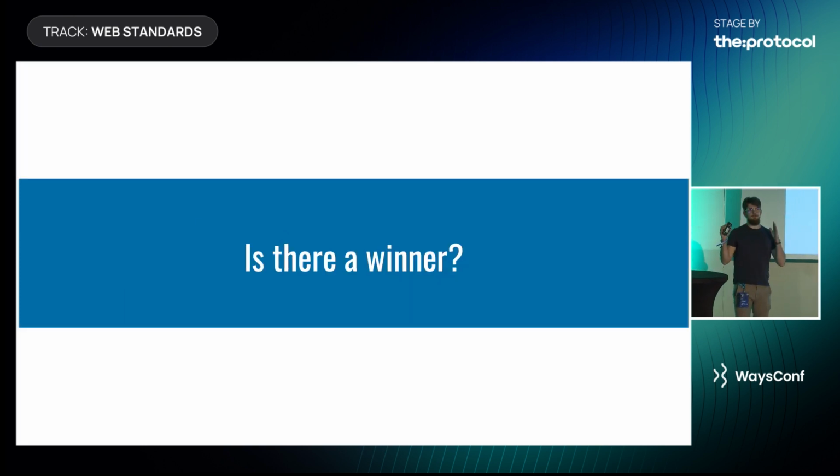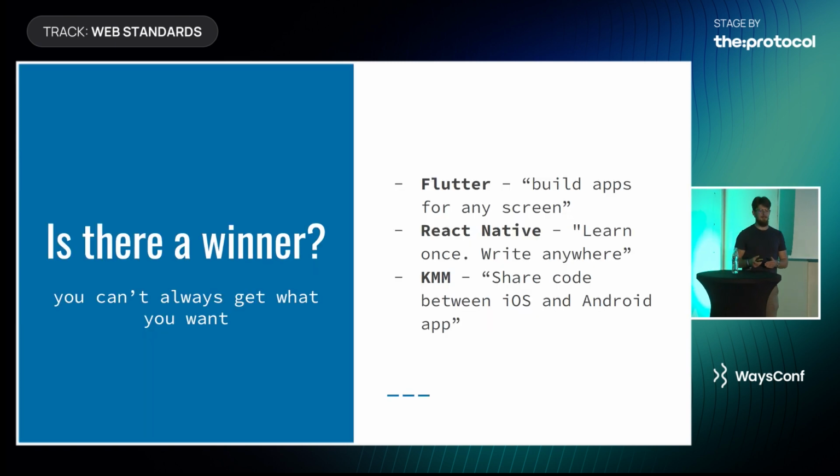So do we have a winner here between Flutter, React Native, Kotlin multi-platform? And I think there is no winner, because those frameworks have different use cases. With Flutter, you create an MVP-type application focused on UI to iterate fast, make beautiful designs, and push your product to the market.